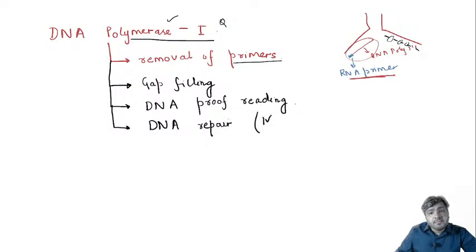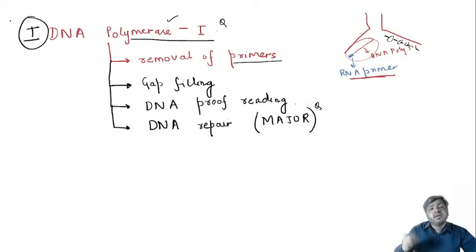Write down: the majority of DNA repair is done by DNA polymerase 1. Before launching the DNA, it is checked whether it is functional or non-functional and whether its base pairs are accordingly arranged. So the proofreading of the DNA is also done by DNA polymerase 1.